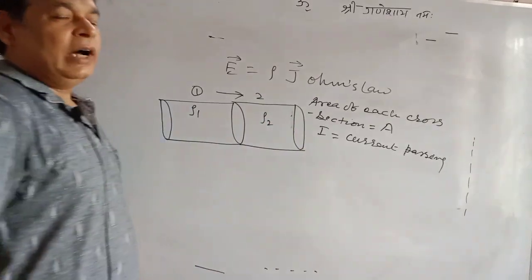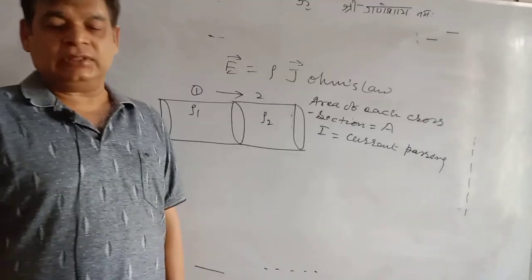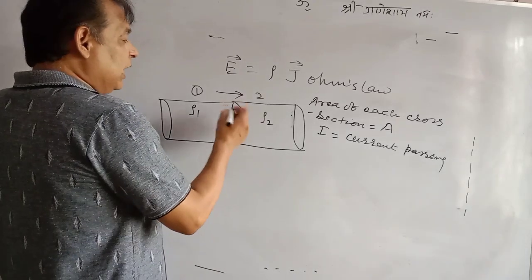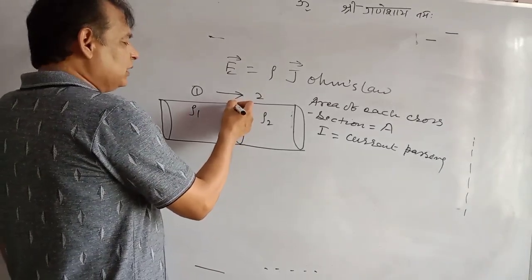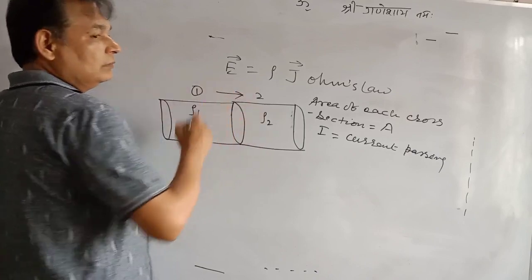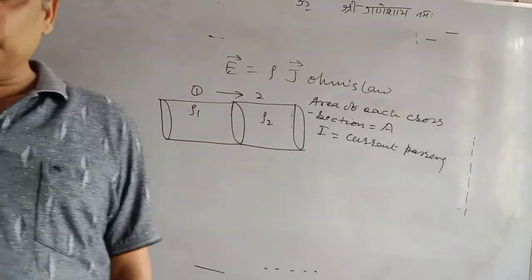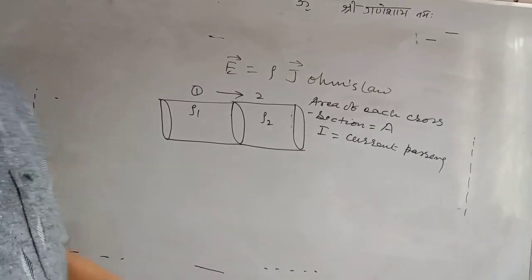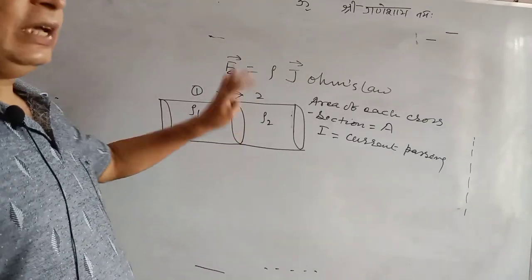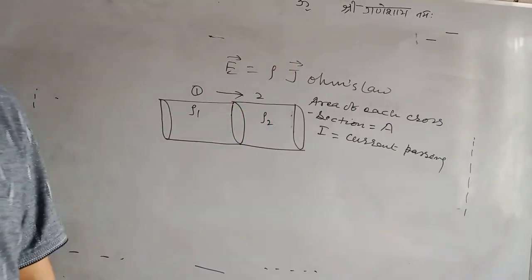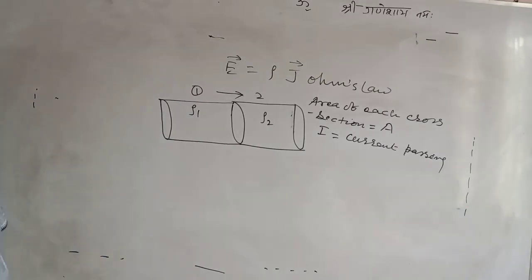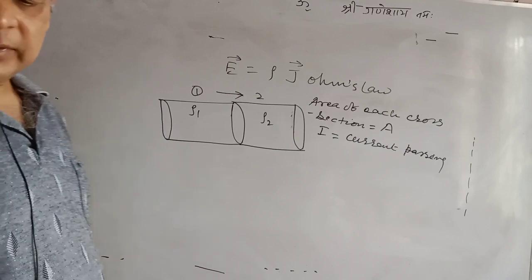Rho 1 and rho 2 are their respective resistivities, and we have to find the charge accumulated at this boundary, means the charge present at this boundary.